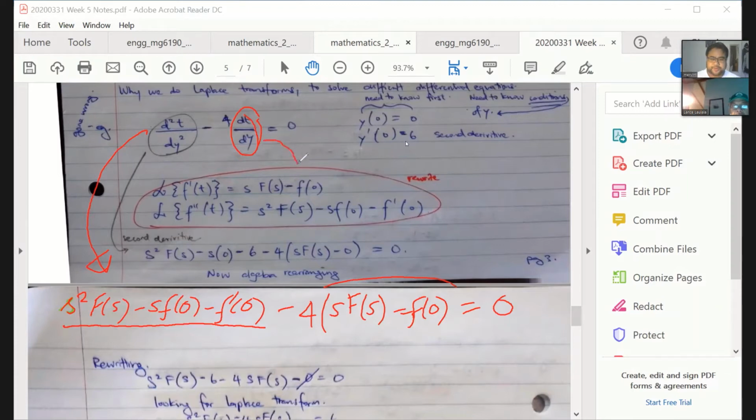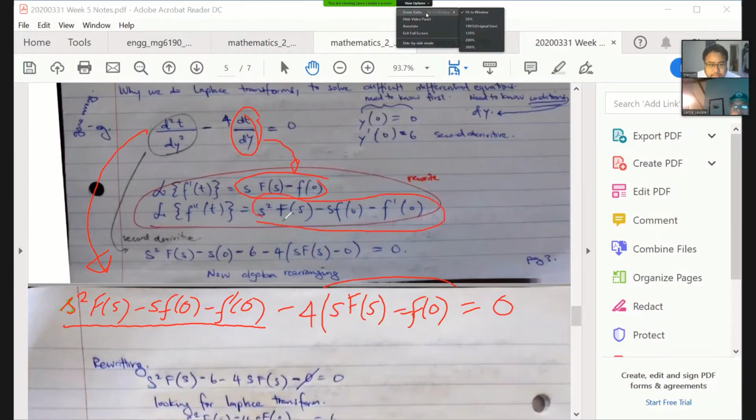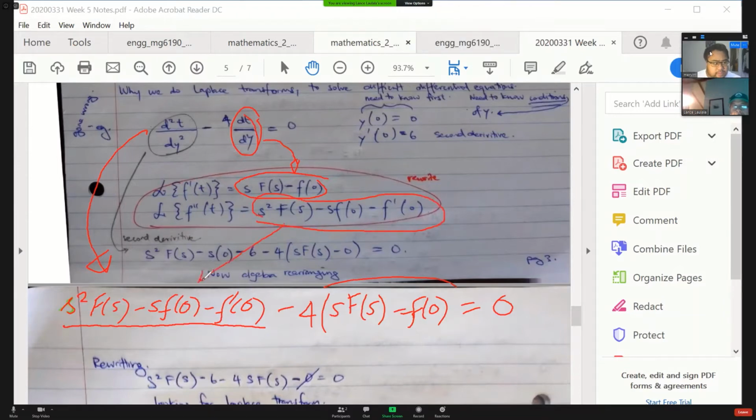Okay, so you know your first function. Can you see where the arrows are going? Oh, yep.